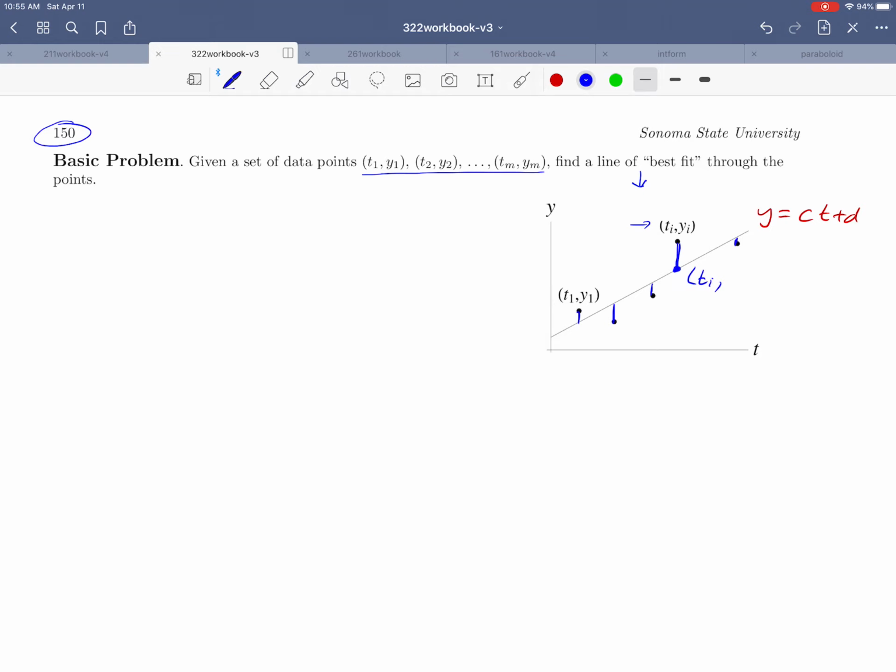If that point is on the line, we get its output coordinate by substituting ti into the ct plus d formula. So we'd get c ti plus d. To measure the deviation between the two y values, that's what we want to get small, we would just take yi minus (c ti plus d). I'm going to write that down up here.